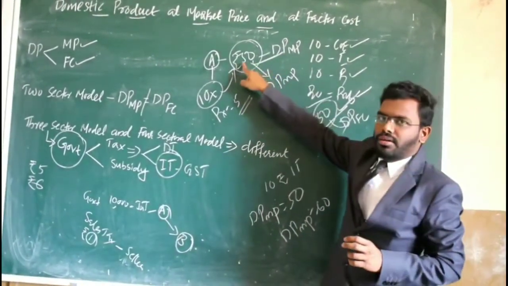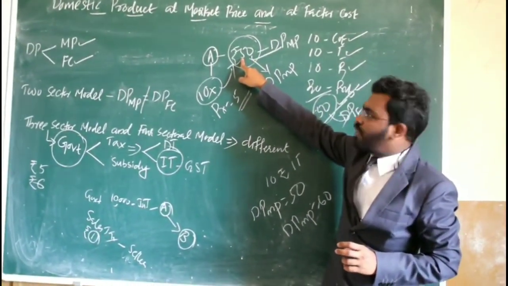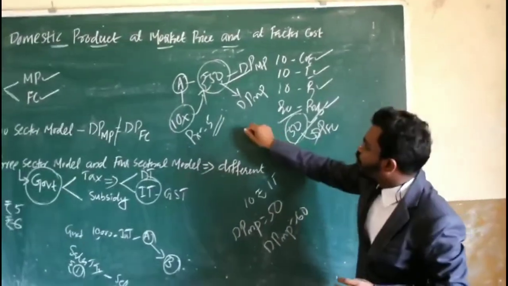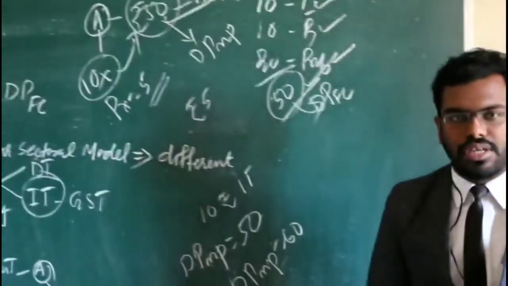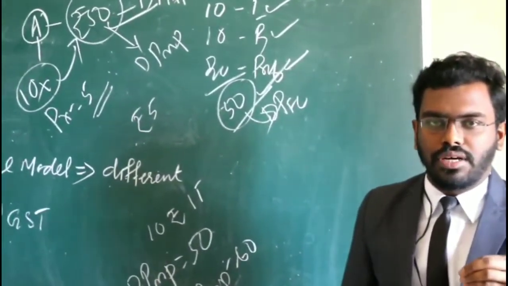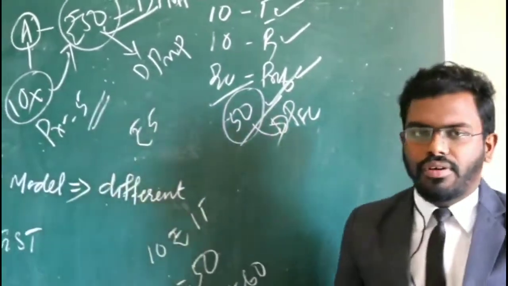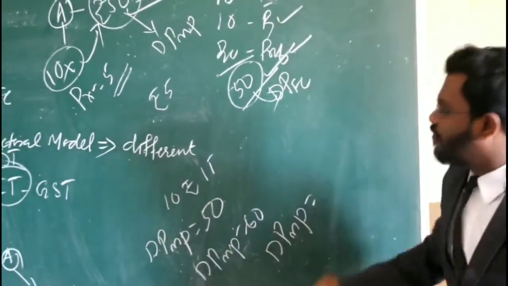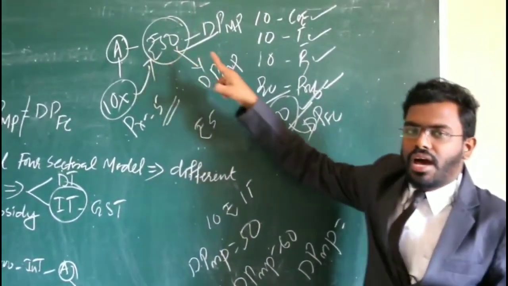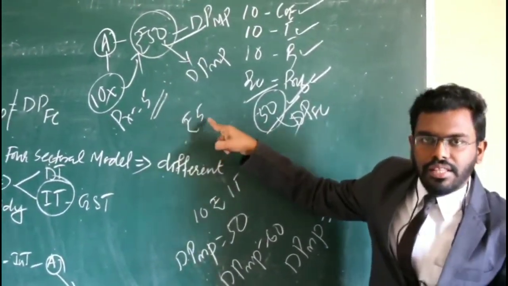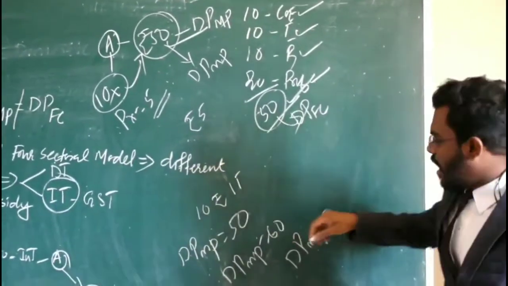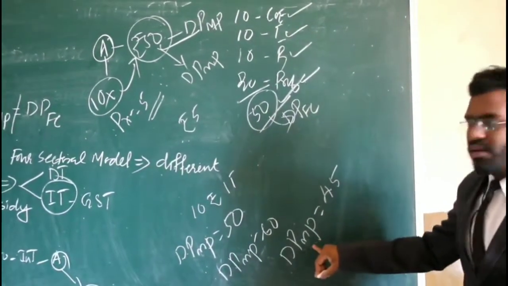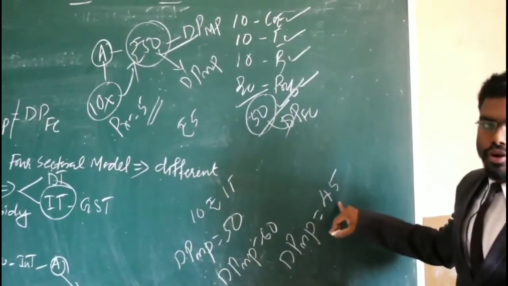Okay, so this was the domestic product at market price initially, and now the government has provided 5 rupees subsidy to the producer. As a result of giving this subsidy, domestic product at market price, previously 50, will decrease by the 5 rupees subsidy and become 45.